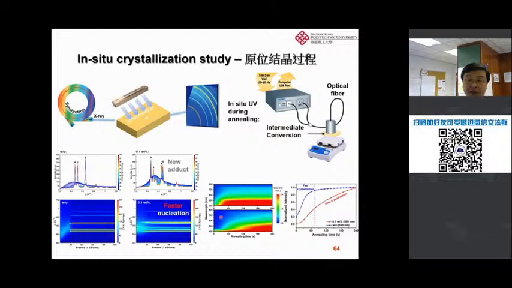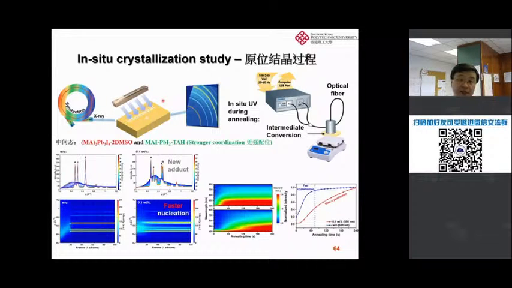Yeah, we did something on the in situ crystallization. A few things there. First, we were able to have access to Taiwan's synchrotron source to study the intermediate phase. And what we found, without the surfactant and with the surfactant, is that with our functional surfactant we see a new adduct.